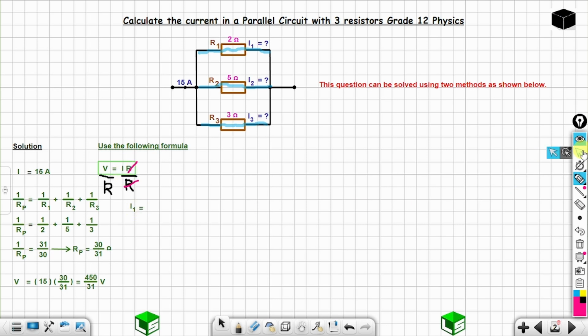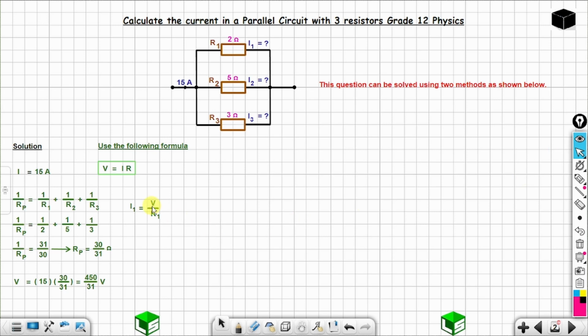So the current is equal to voltage over R1. To find I1, you are going to use R1.